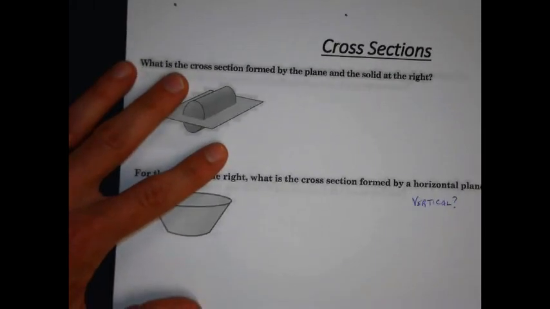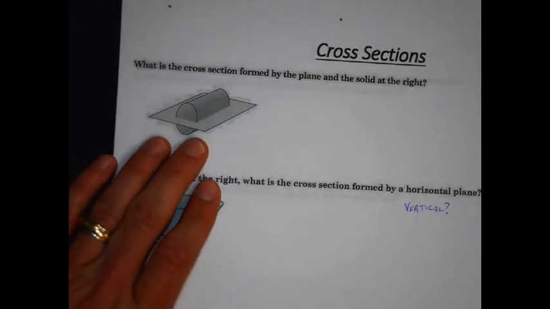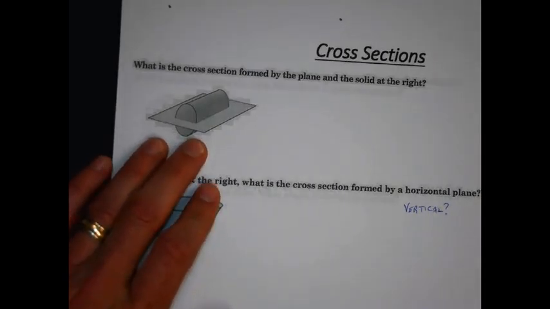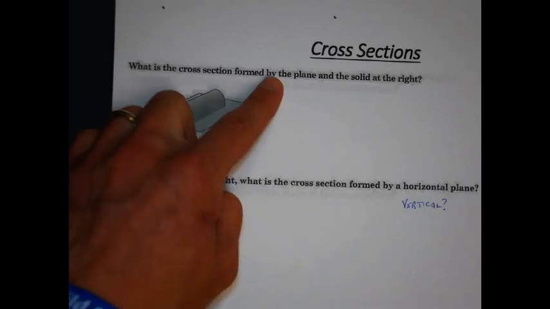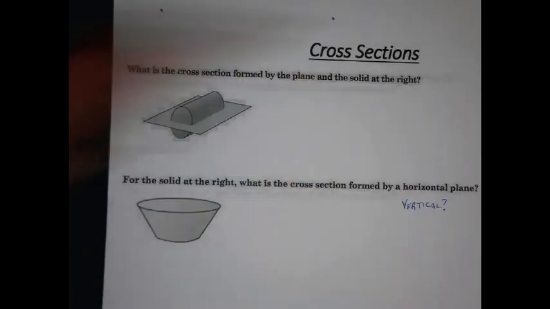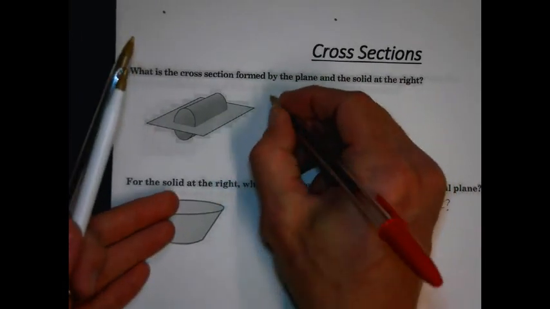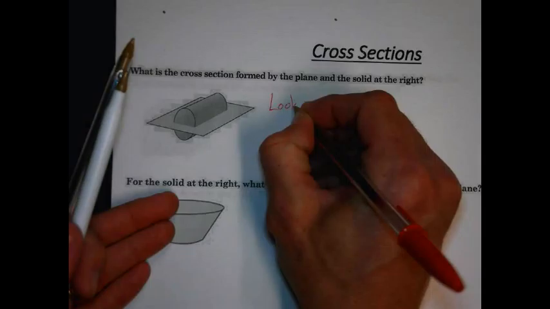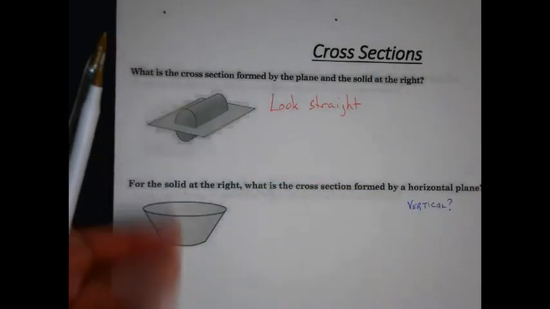So let's do a couple of examples real quick so we're familiar with the concept. So we picture this cylinder laid on its side, and we are being asked what the cross-section forms when we have this particular solid figure and a plane. So we're taking a cylinder, we're cutting it across, and we're going to pretend we're looking down at it or look straight at it from the perspective of the can.